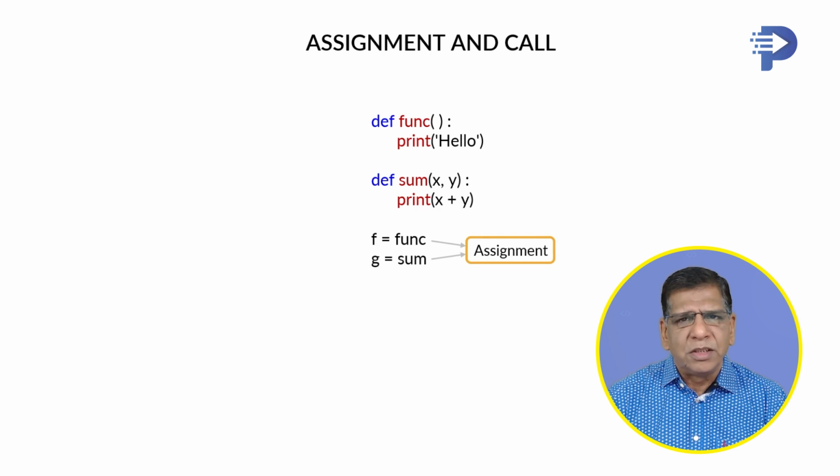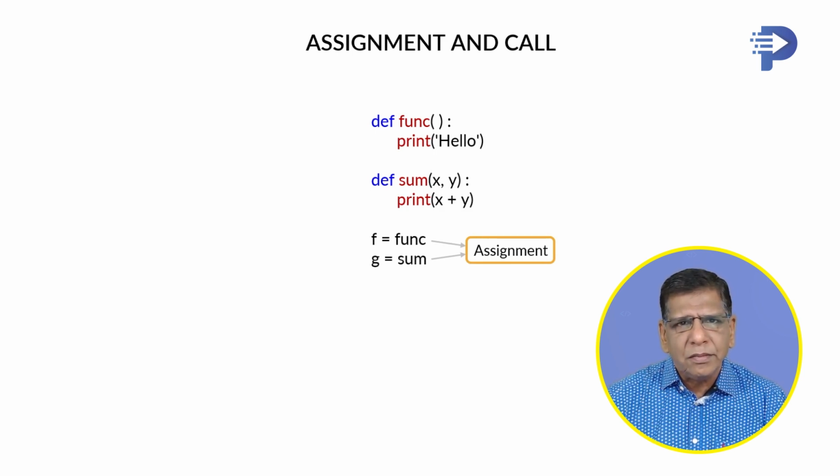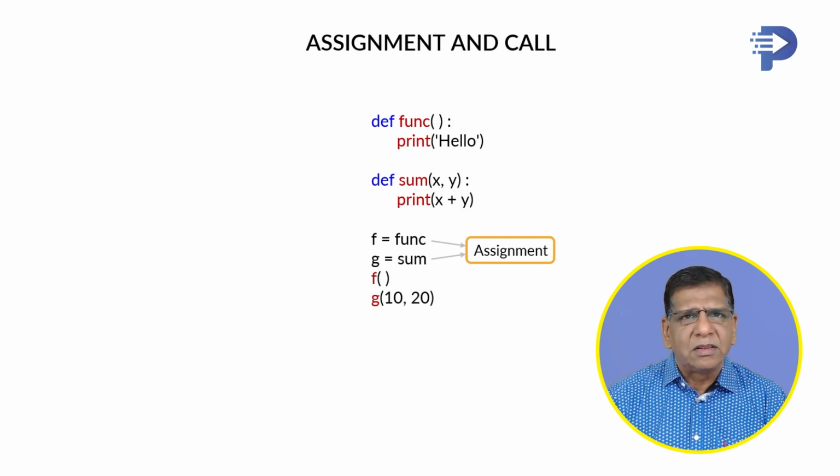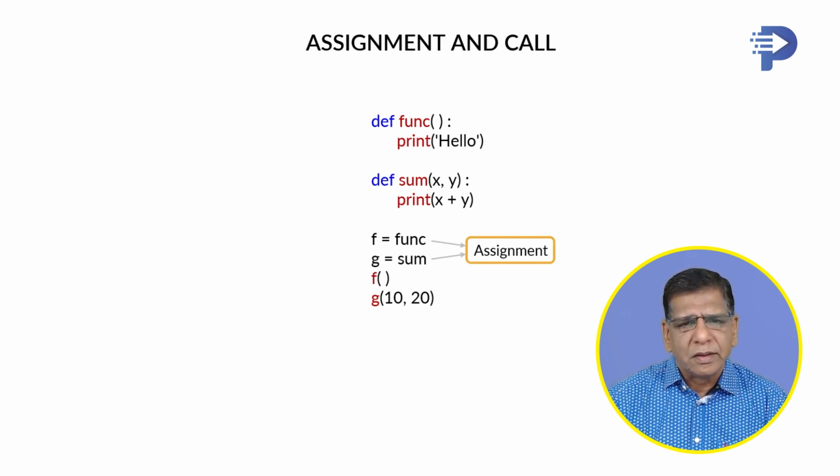Using these variables, if I have to initiate the calls to the functions func and sum respectively, I can do so using the variables f and g. Just see how. I can say f and a pair of parentheses, similarly g, a pair of parentheses, and now that the call is going to materialize to sum, we are passing 10 and 20 to that function sum.